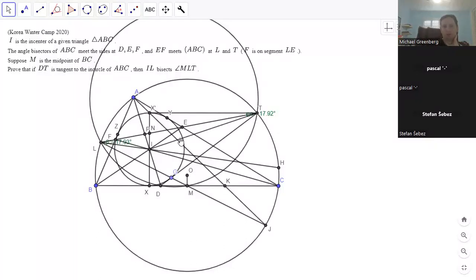I'm trying to think how we would show that AK and ML are concurrent on the circle. I wonder if, actually, never mind.